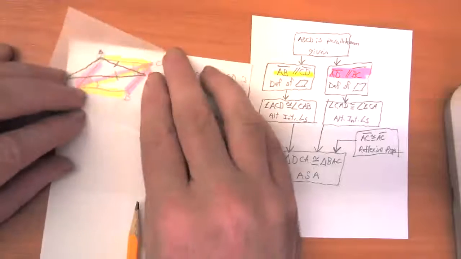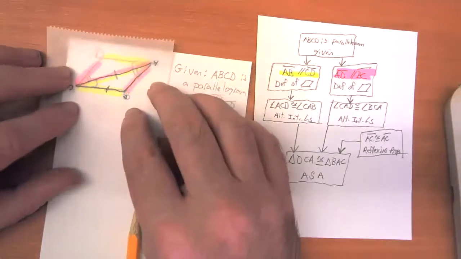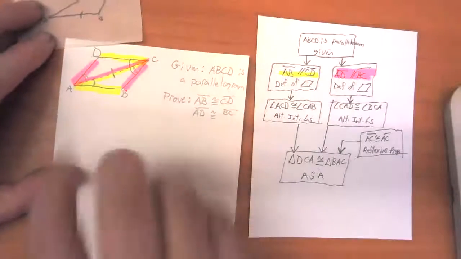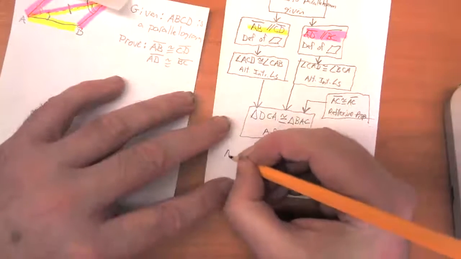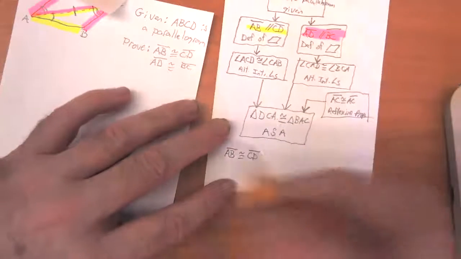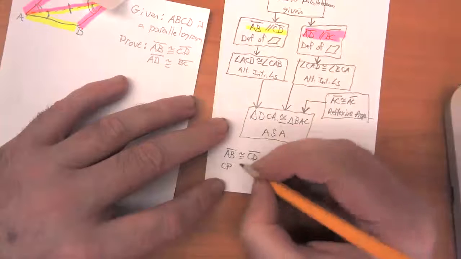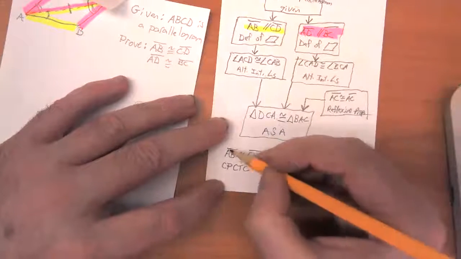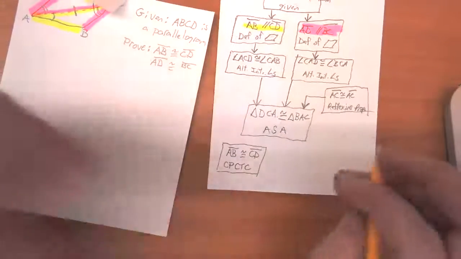Okay, so DC lines up with AB when we do that. So those two sides are corresponding parts of these two congruent triangles, and that makes them congruent. So we know that AB is congruent to CD because, putting that into an acronym, those are corresponding parts of these two congruent triangles, and so they must be congruent. Those sides must be congruent because they're parts of congruent triangles.